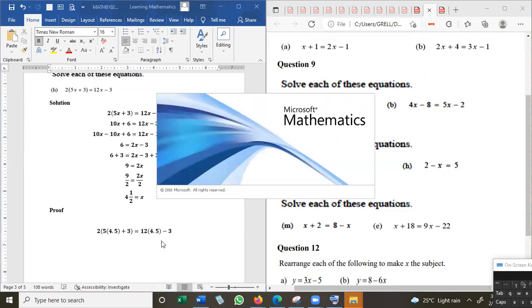So here comes the calculator, just to prove that our answer is actually 4.5. You can do that with yours.